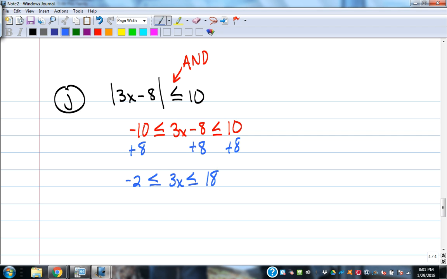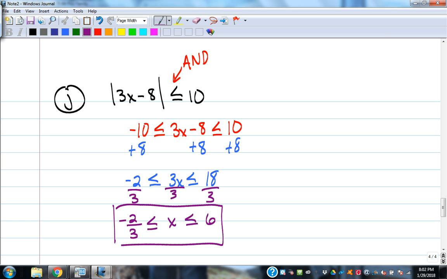And then how do I get x by itself in this? Divide everything by 3. That's just going to be the fraction negative 2/3 less than or equal to x less than or equal to 6. There's my inequality solution. X is by itself in the middle.